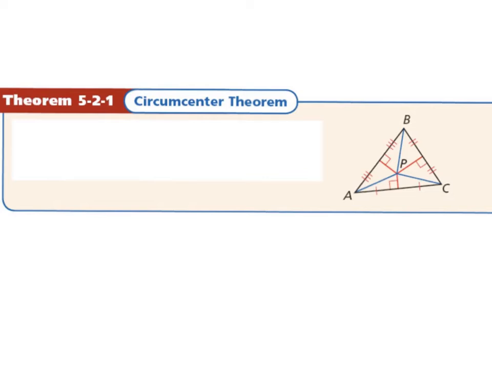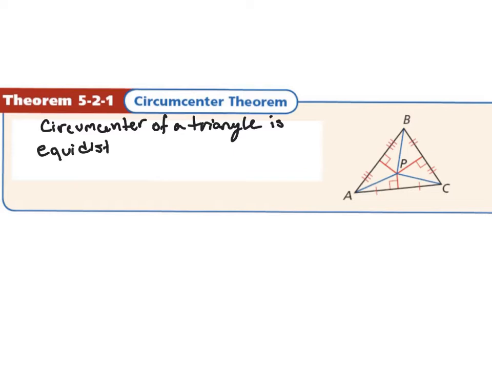Okay, so the circumcenter theorem tells us that the circumcenter of a triangle is equidistant from the vertices of the triangle.